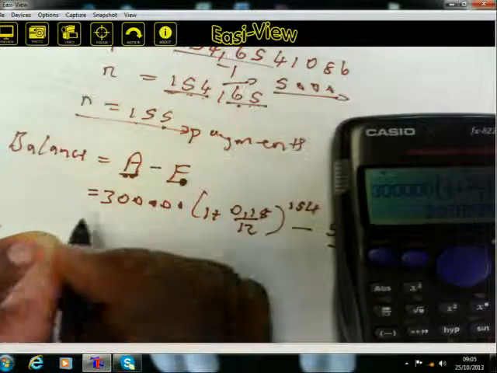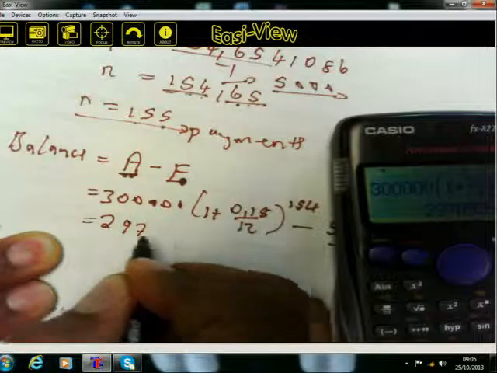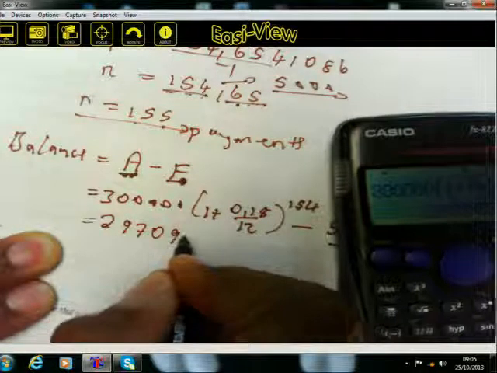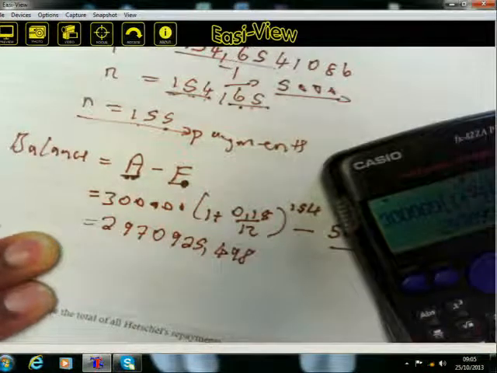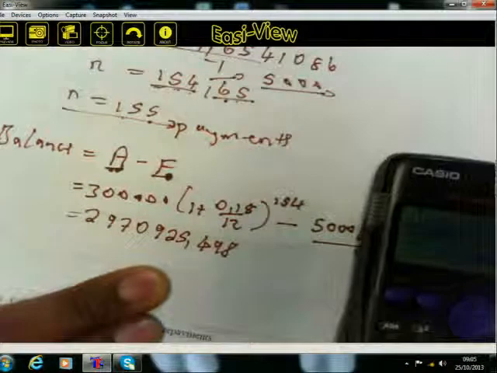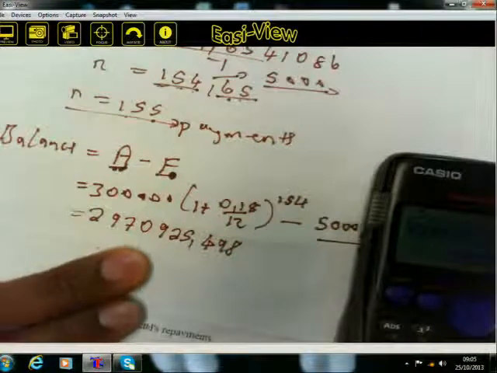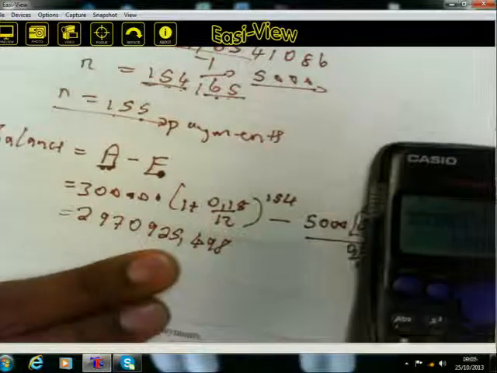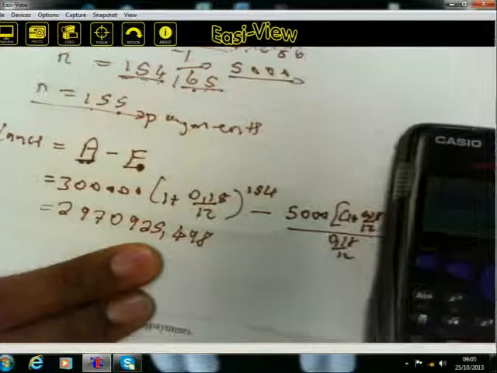Then it means here the loan is 2,970,925.498. It's very important to write everything down. You round off only the final answer, right? That is 2,970,925 rand 50 cents, but you must write 498, right?